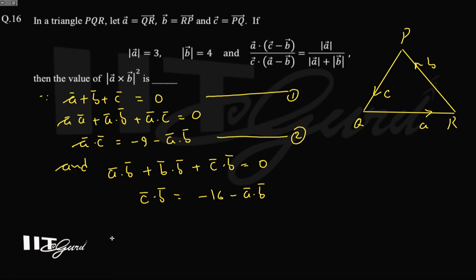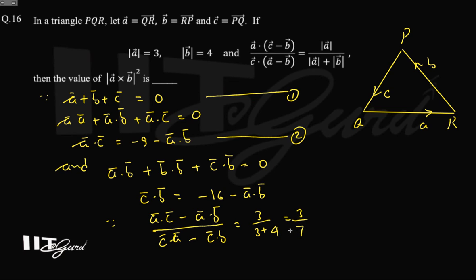Okay. So now the given result: A dot C minus A dot B, that is C dot A minus C dot B, substituting these values, this is 3 and 4, so 3 upon 7.